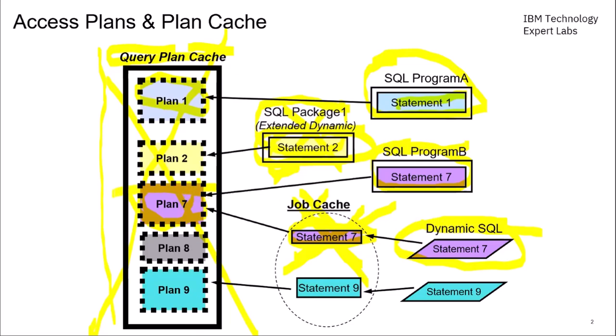Notice the plan cache allows one copy of that plan to be shared. In the past, with the classic query engine, we would have had to build one copy of the plan for that RPG program, and we would have had to build another copy of the plan for that JDBC application, kind of wasting system resources because we didn't have the ability to share a plan like the plan cache now provides.